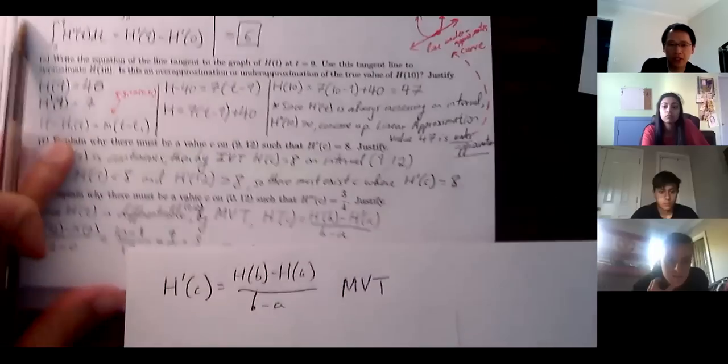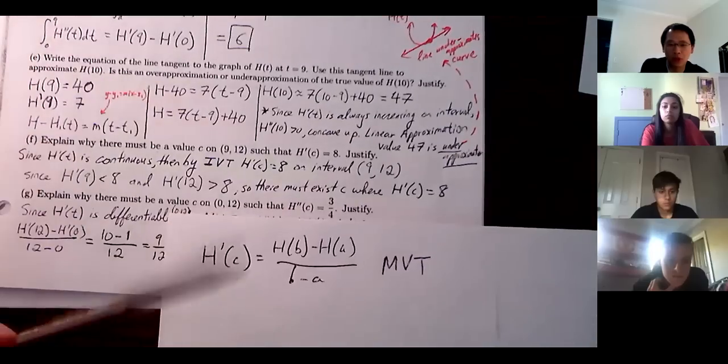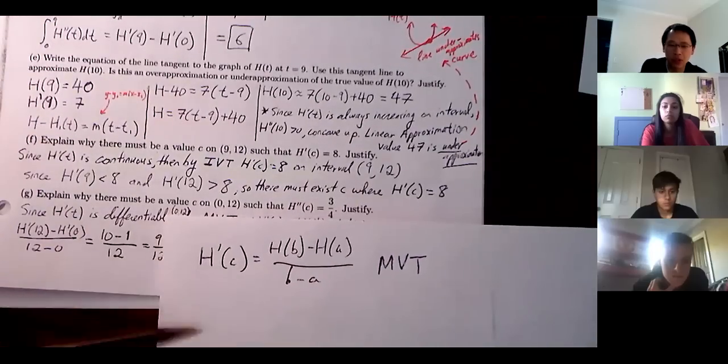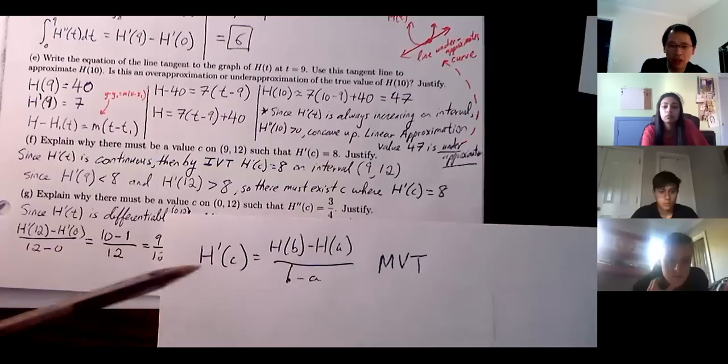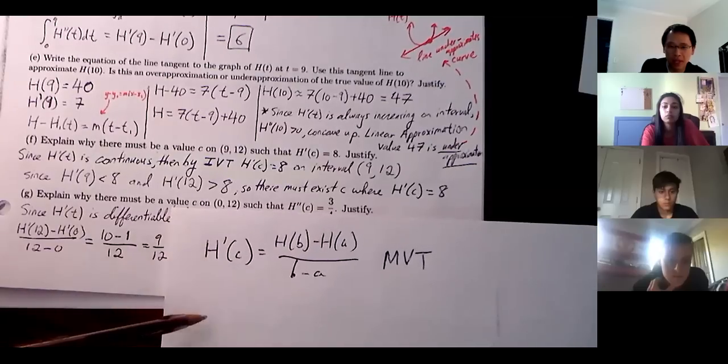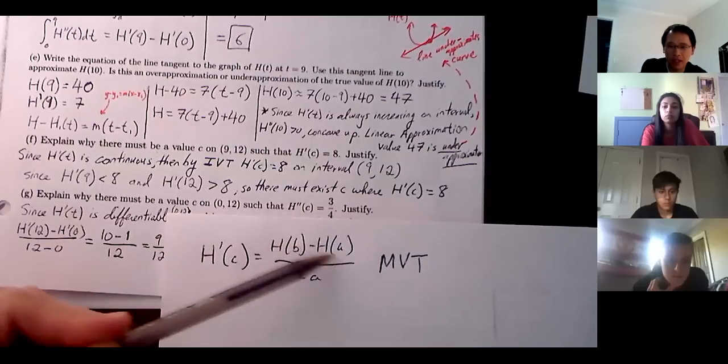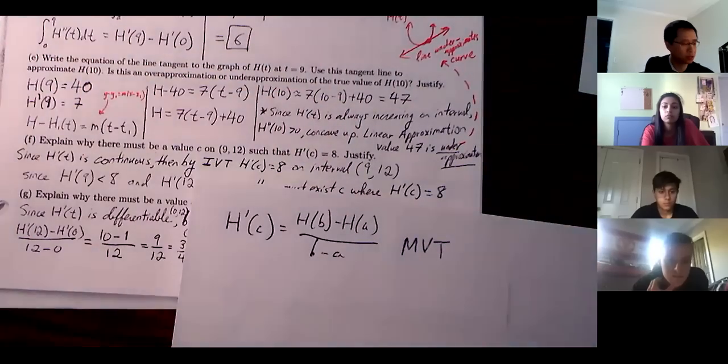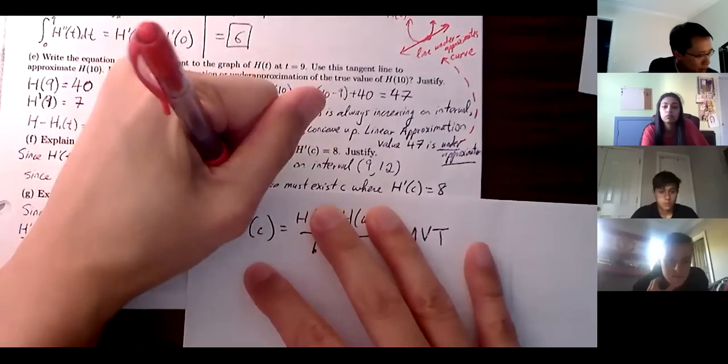It's asking for H double prime. So I'm just going to take my mean value theorem and adapt it for this problem. So I'm going to take this, make it H double prime of C, and then these I'll make H prime. So just adjusting it so that I can adapt it for my particular problem.